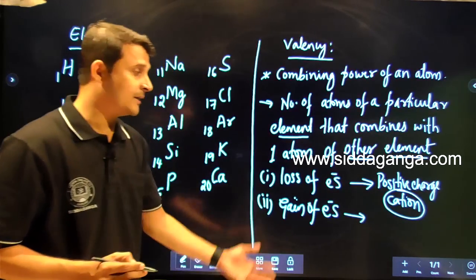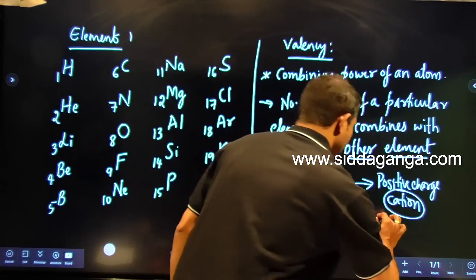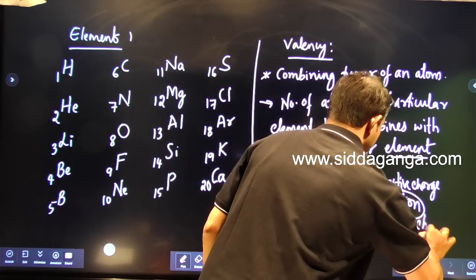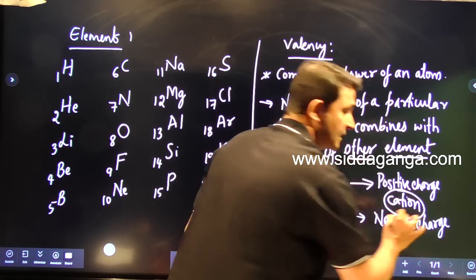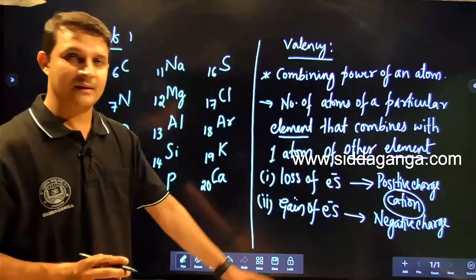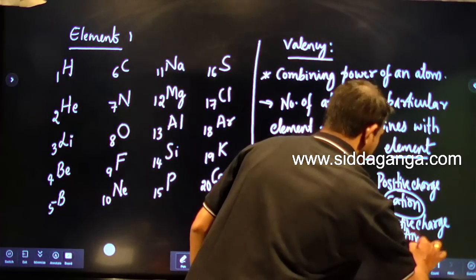So when it gains electron, negative charge ಜಾಸ್ತಿ ಆದಾಗಾಯ್ತು, right? So it attains what charge? Negative charge. If it attains a negative charge, then that particular ion is called anion.